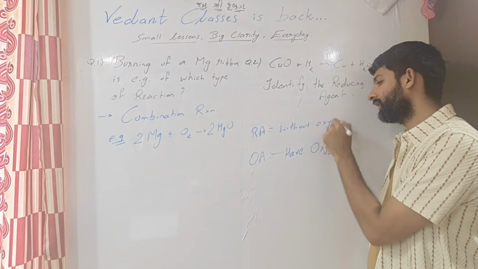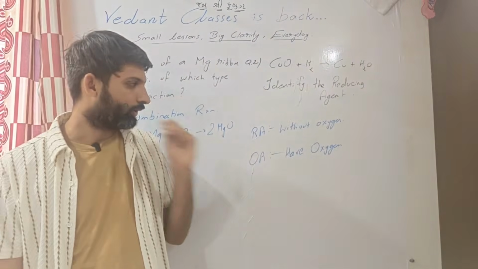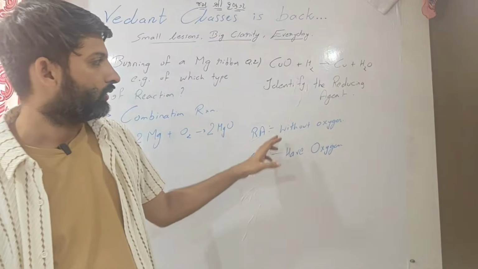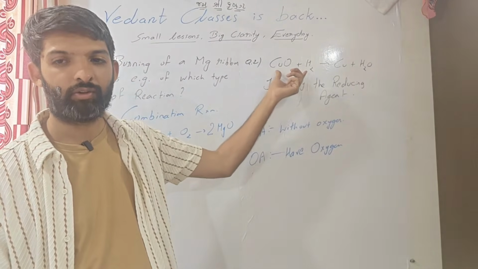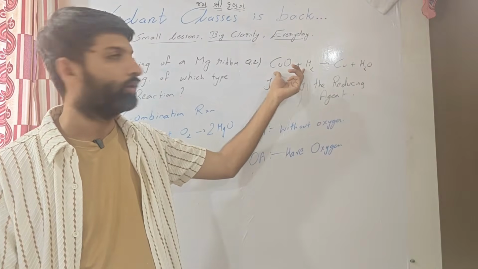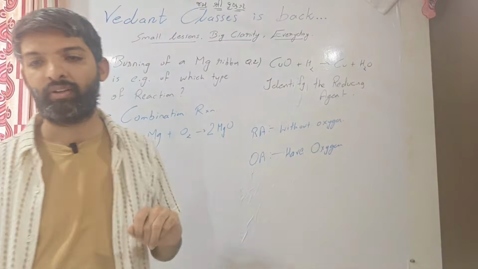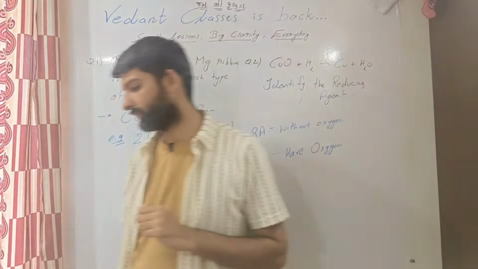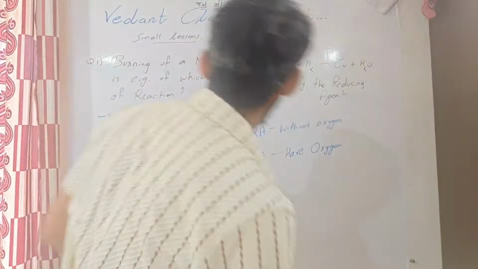That is a simple trick; sometimes it may not hold, but for grade 10 such questions can be solved using this method. So if you want to find the reducing agent, it will be from these two only. These two only are the ones that oxidize or reduce. Here, without oxygen is H2, so H2 will be the correct answer. I hope it is clear.